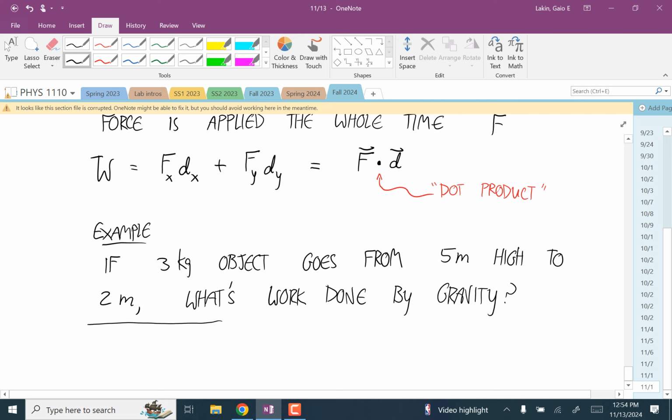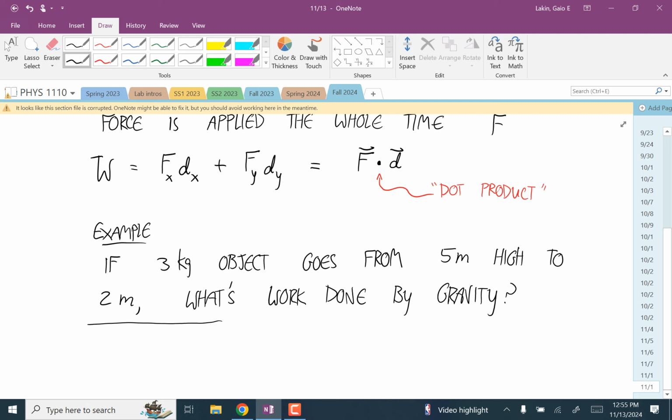Okay, well, let's think about just physically, what do we expect to happen here? So the object is going from a higher height to a lower height. Okay, so the object's velocity is downwards towards the ground. So do we expect gravity to contribute to speeding this thing up or contribute to slowing this thing down?